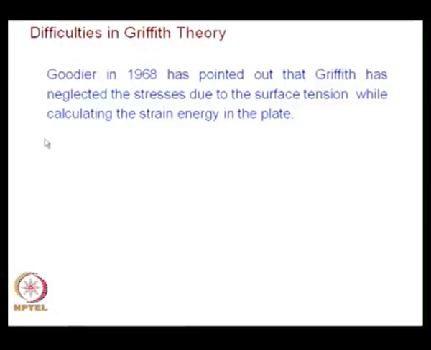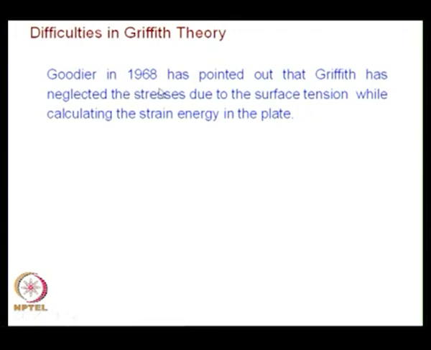We will not be able to capture all aspects of it, because if you try to capture all aspects, then the whole mathematical analysis would become extremely complex. So, we need to make certain engineering approximations. Some of these were questioned by people, and let us see what are the difficulties in Griffith theory.